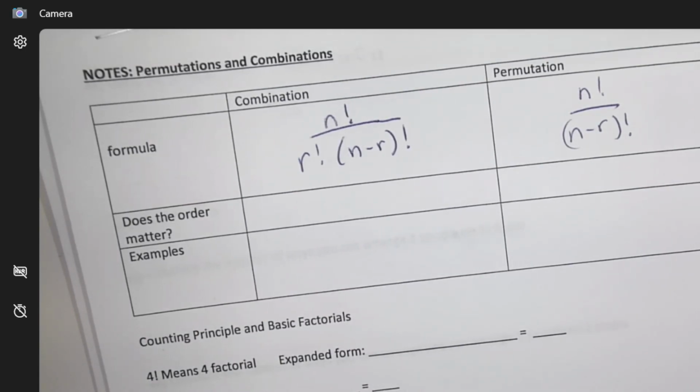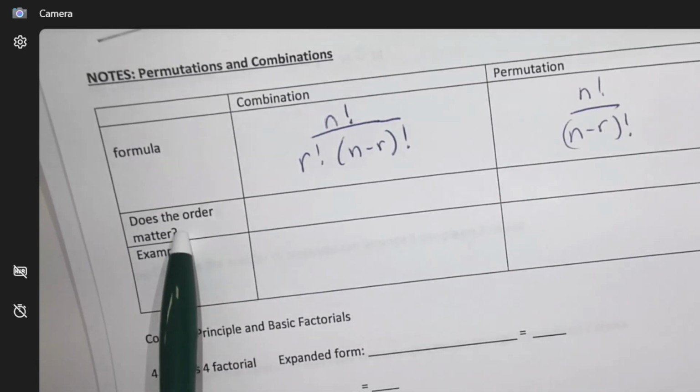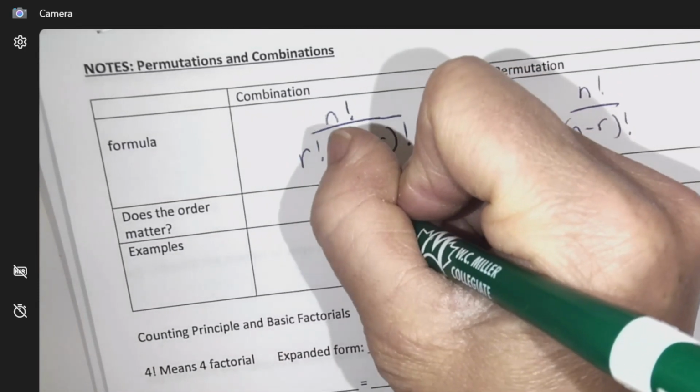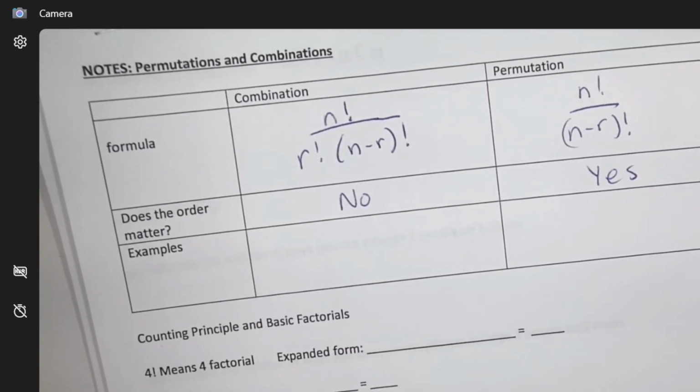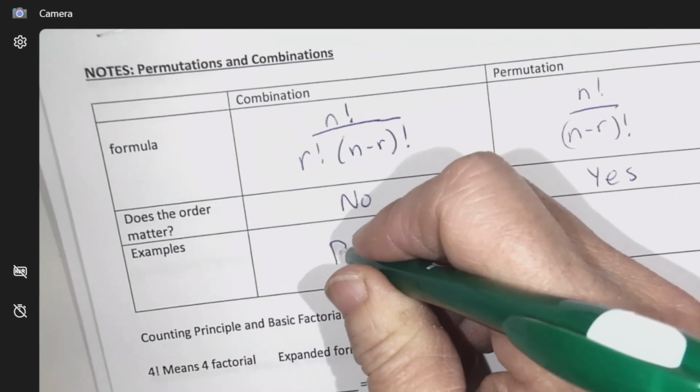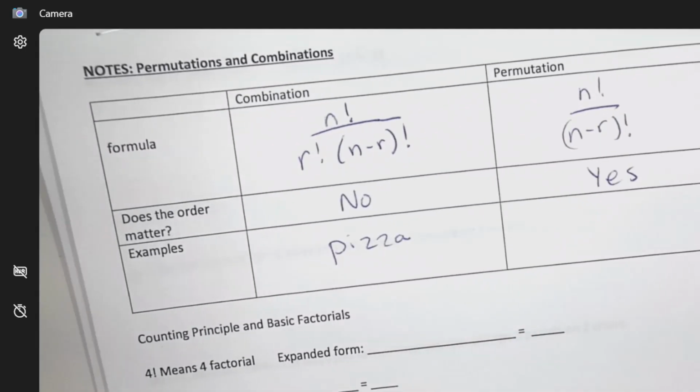Okay, so combination versus a permutation, what's going to be the difference? In a combination, the order doesn't matter, and in a permutation, the order of something matters. So an example of a combination would be pizza.